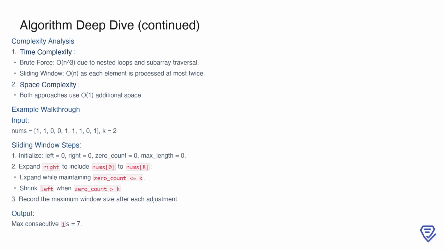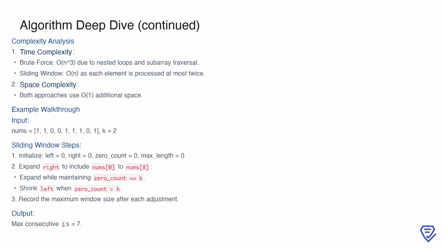To illustrate the sliding window technique, consider an example: nums = [1, 1, 0, 0, 1, 1, 1, 0, 1], and k = 2. Here, we initialize left = 0, right = 0, 0_count = 0, and max_length = 0. As we expand right to include elements from nums[0] to nums[8], we monitor 0_count to ensure it doesn't exceed k.